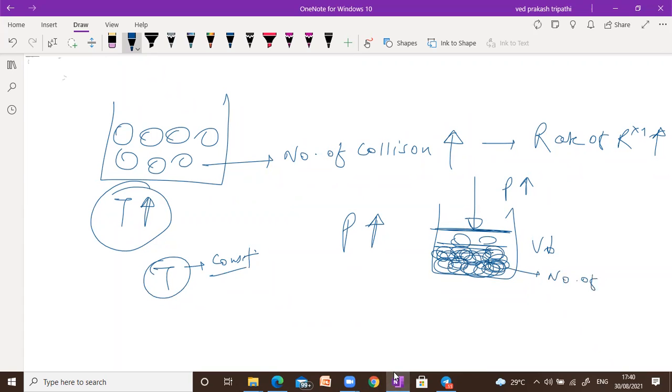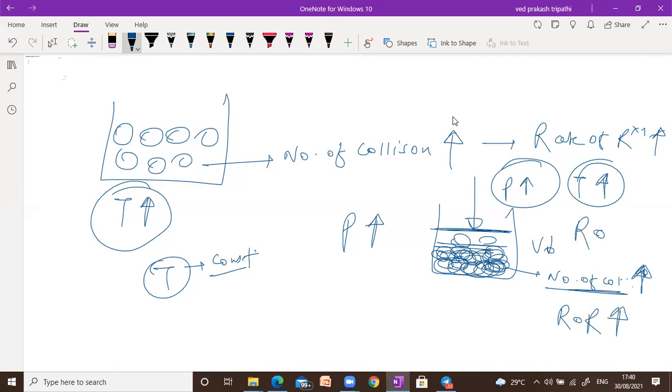You can take the example of a pressure cooker. So the number of collisions will be high, which means the rate of reaction is again high. So pressure increase or temperature increase, your rate of reaction will be high.